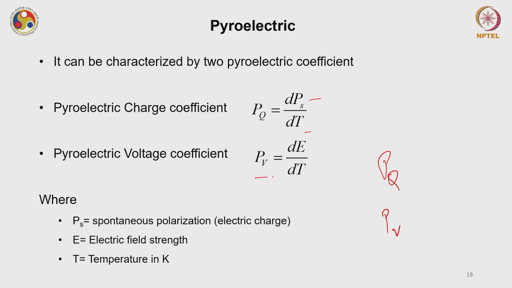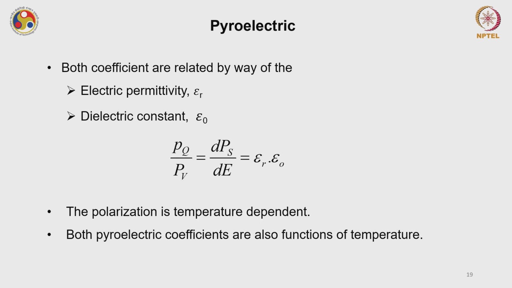PV, the voltage coefficient, is given as dE by dT, where E is the electric field strength. So, the pyroelectric charge coefficient is the slope of the polarization and temperature curve, while the pyroelectric voltage coefficient is the slope of the electric field and temperature curve.